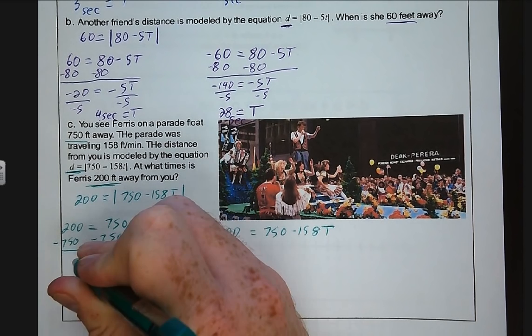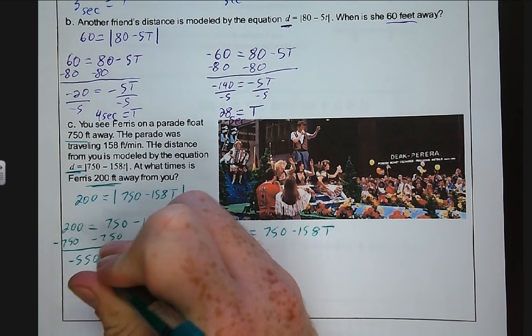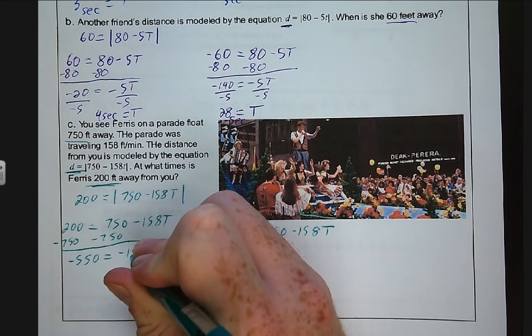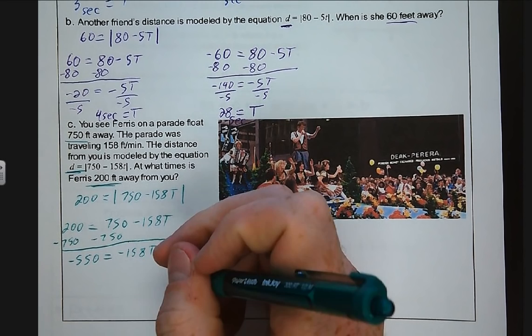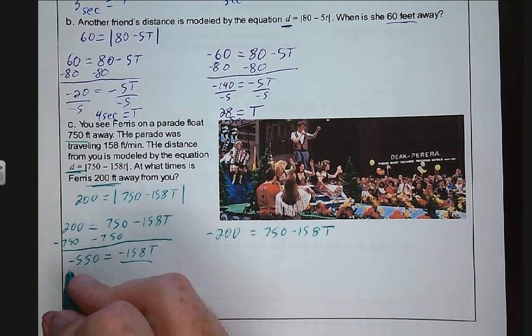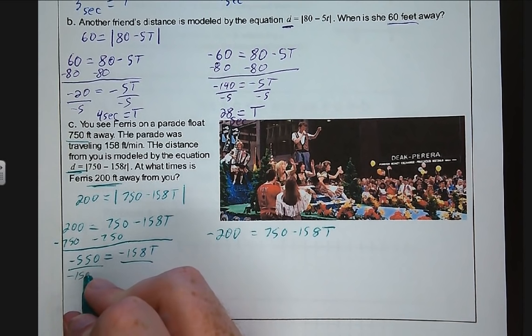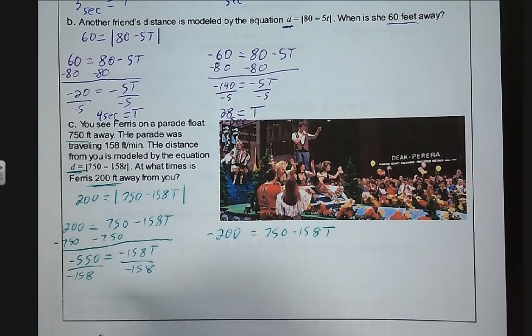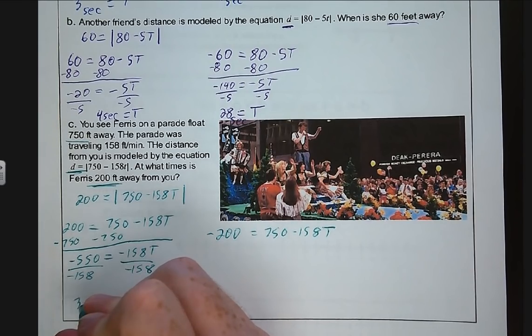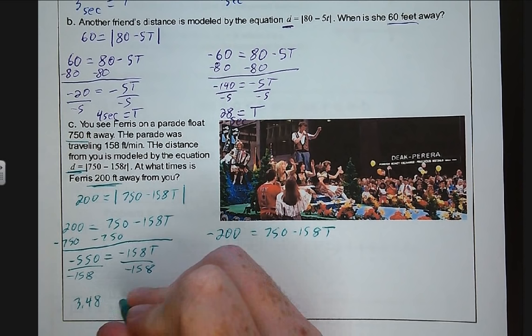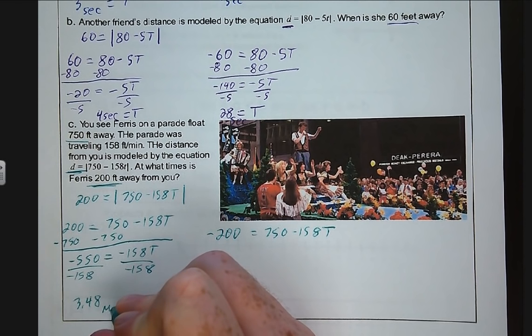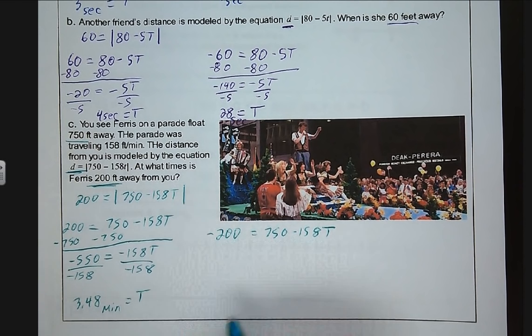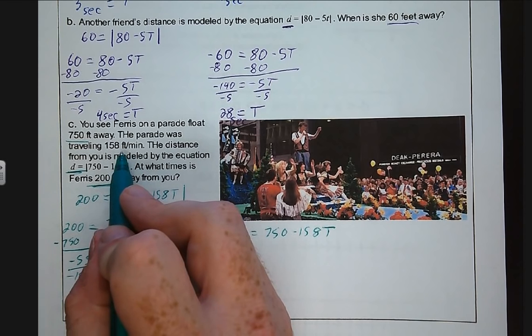So negative 550 is equal to negative 158t. Divide both sides by negative 158. Negative divided by negative is positive, and it's going to be 3.48 minutes is equal to time, because we were told our rate was in feet per minute.